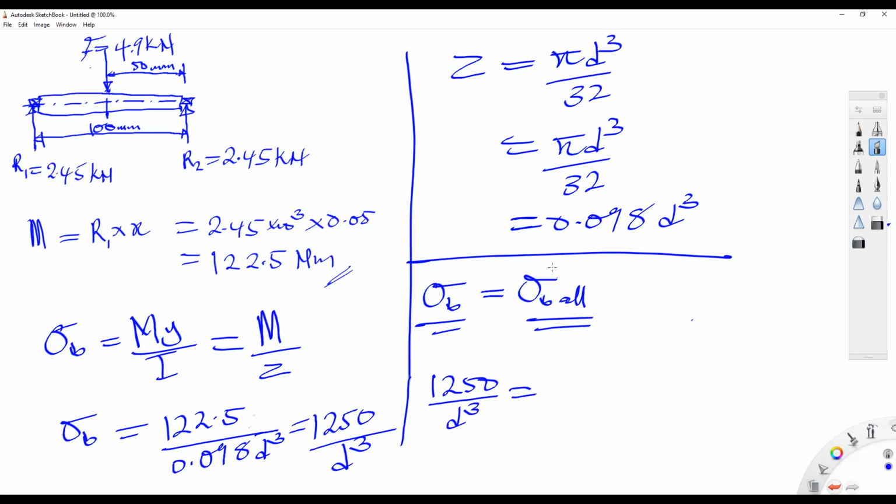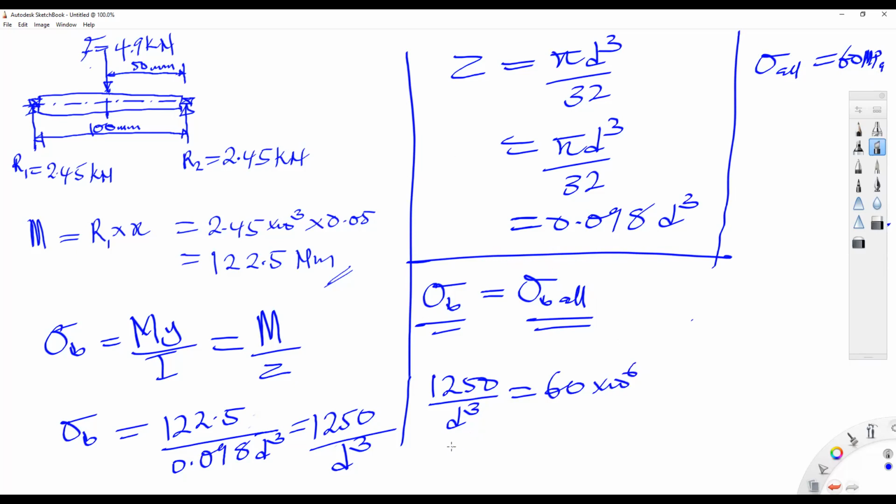Let's say the allowable bending stress in the material, sigma allowable, is equal to 60 megapascals. Then this whole expression should be equal to 60 times 10 exponent 6.